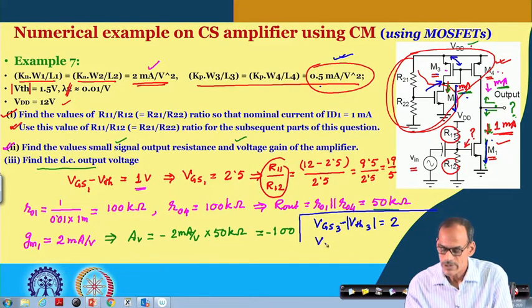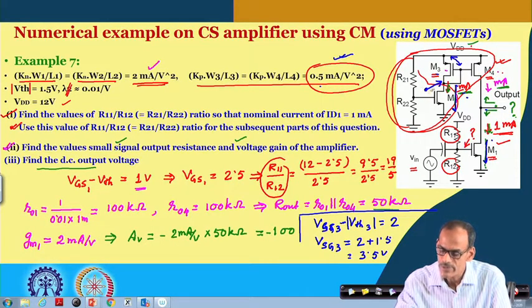So that gives us, I should say VSG, because it is PMOS, VSG3 equals 2 plus the threshold voltage 1.5. So that gives us 3.5 volt.